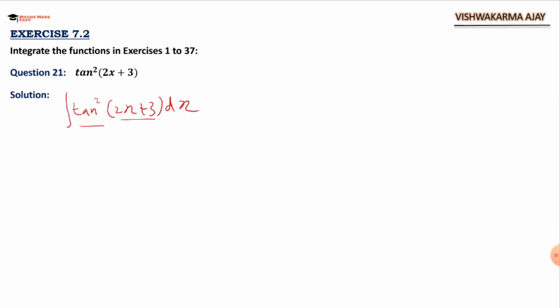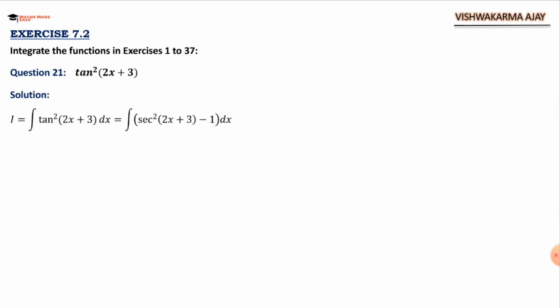But before that, we have to make sure we have the integration of tan square. Since we do not have it, we will convert it into sec using the identity. So, tan square x can be written as sec square x minus 1. Now we will be integrating it.